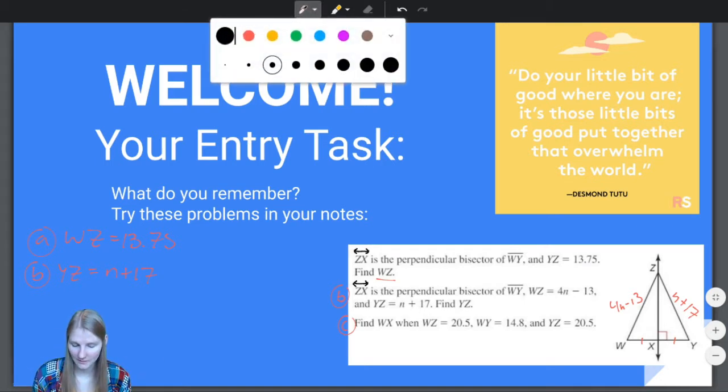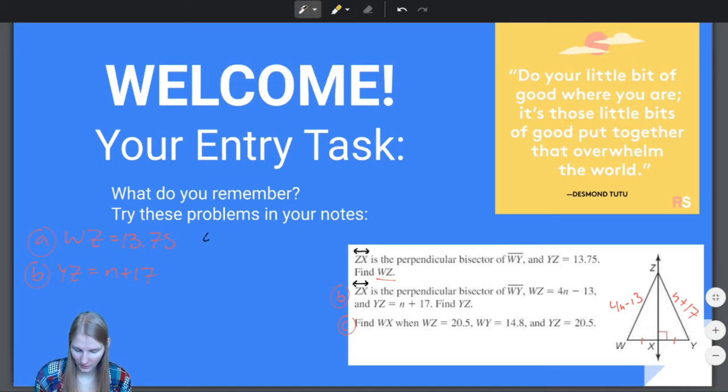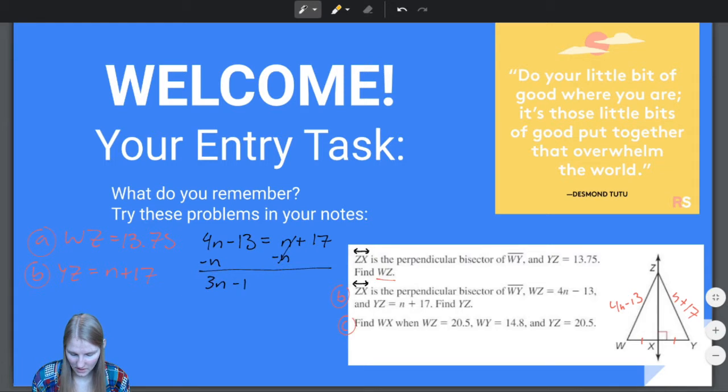So let me get a different color, and we're going to do 4n minus 13 equals n plus 17. We'll subtract n from both sides. 3n minus 13 equals 17. Add 13 to both sides. 3n equals 30.